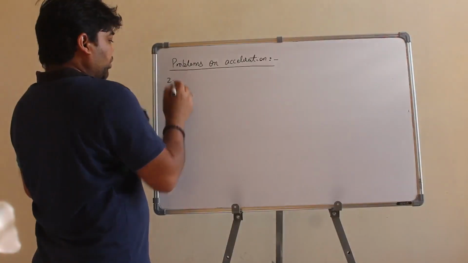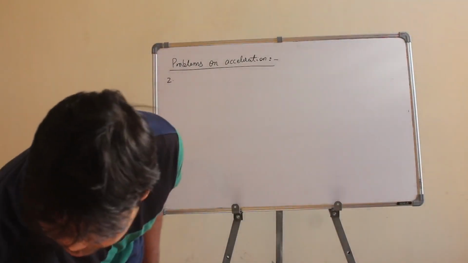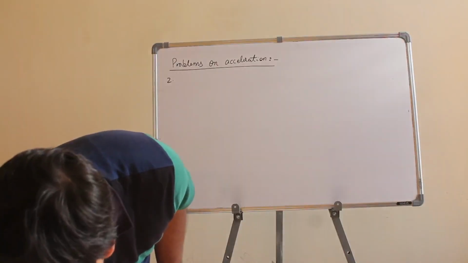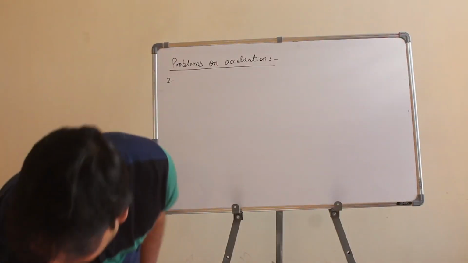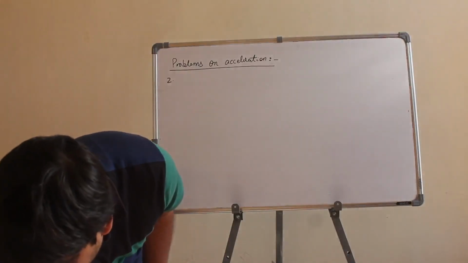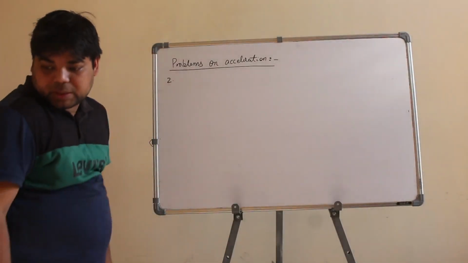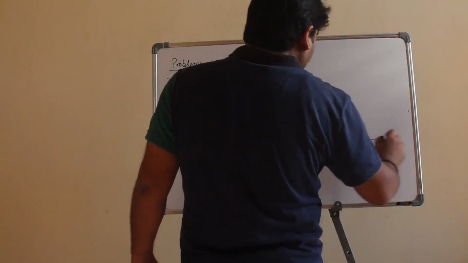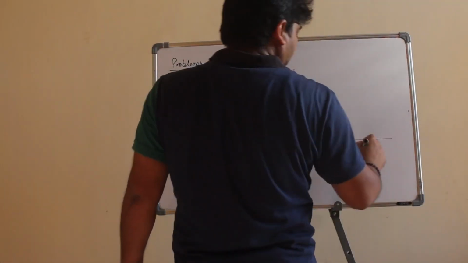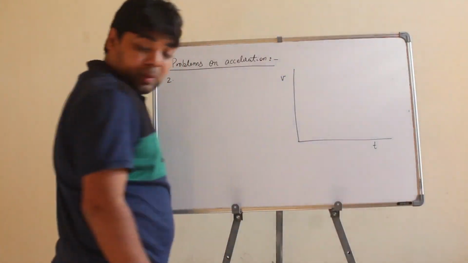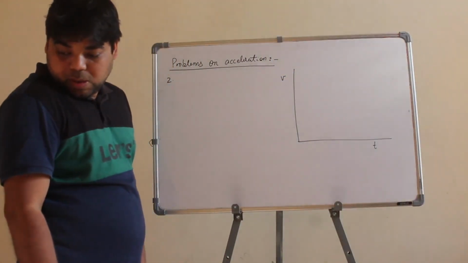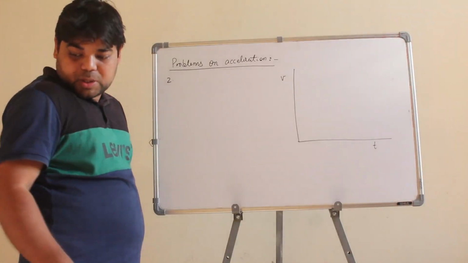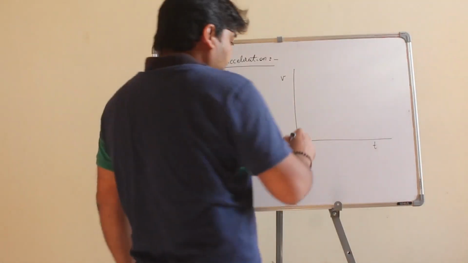Problem number 2 says that there is a figure given here. It's a V and T graph. And A, B, C and D, 4 points are given.